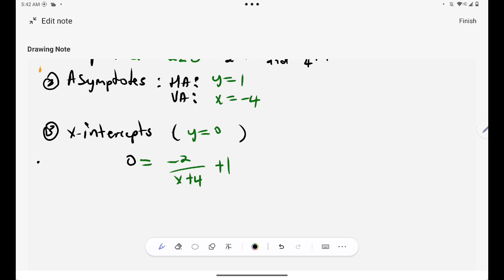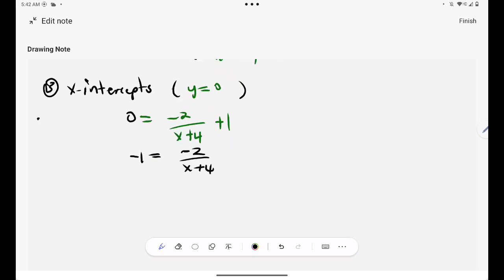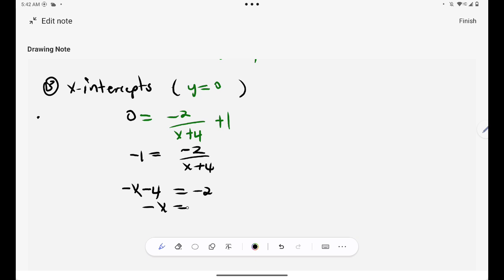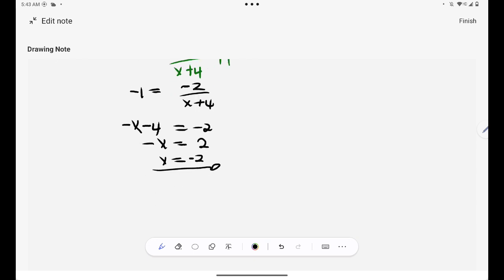I need to solve for x. The 1 will come this side. I'll have -2 over x plus 4. Multiply both sides by x plus 4. I'll have -x minus 4 is equal to -2. -x is equal to 2. Then x is -2. Now, together?